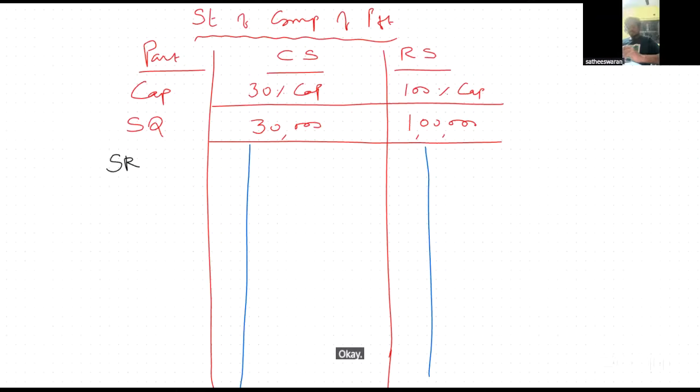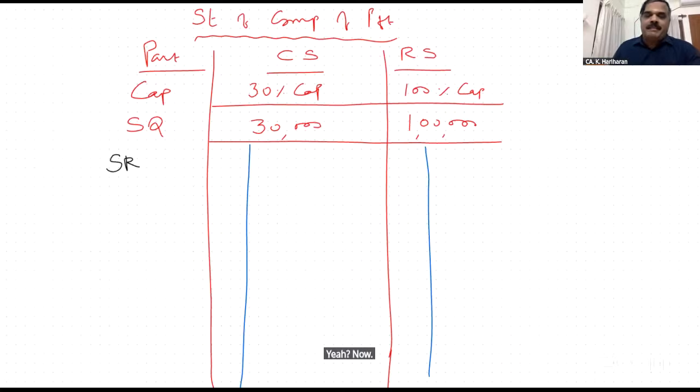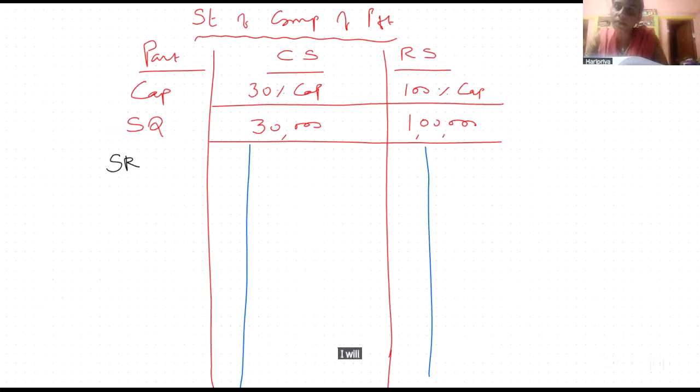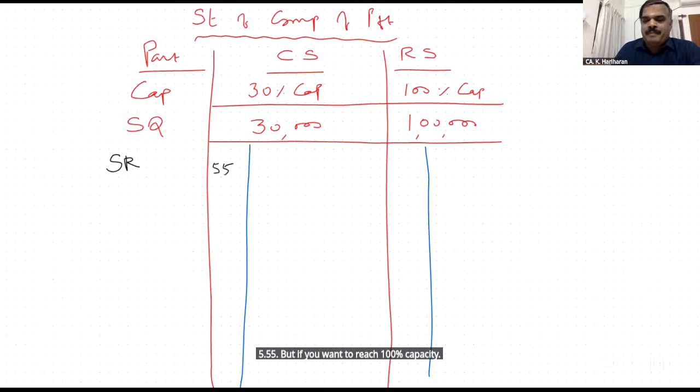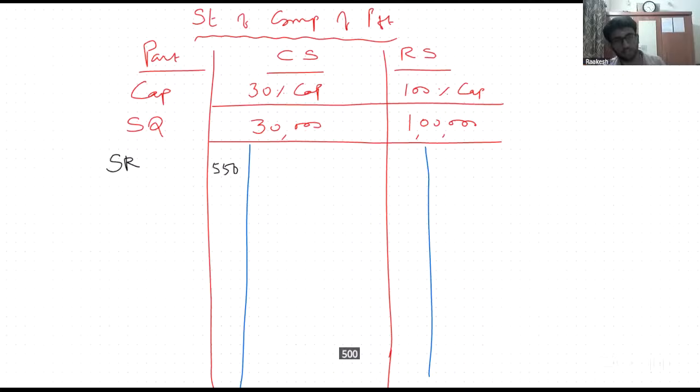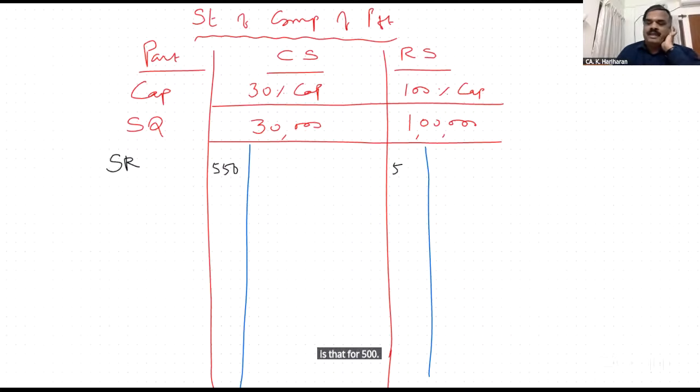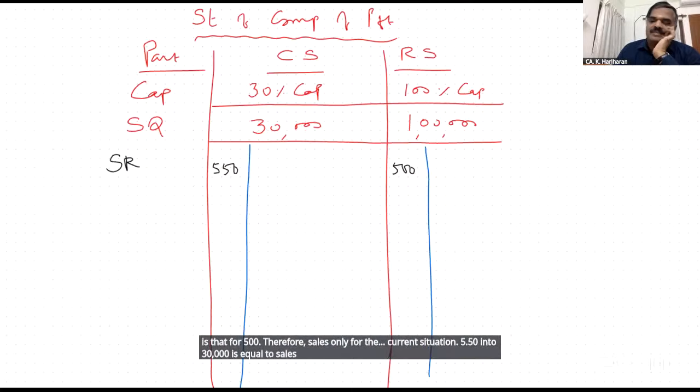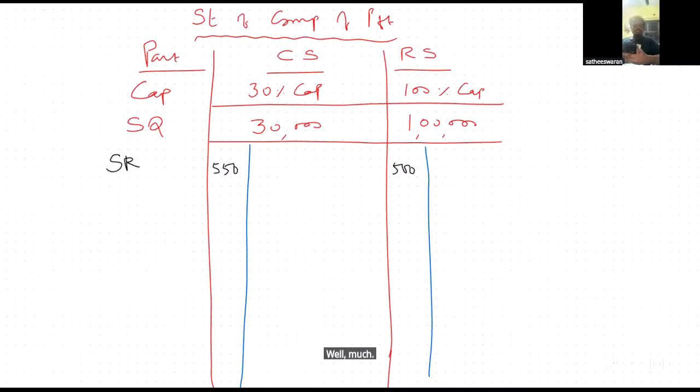Now, current situation selling price is how much? 550 per unit. But if you want to reach 100% capacity, the selling price should be 500. Therefore, sales revenue for the current situation is 550 into 30,000, which is 1 crore 65 lakhs.